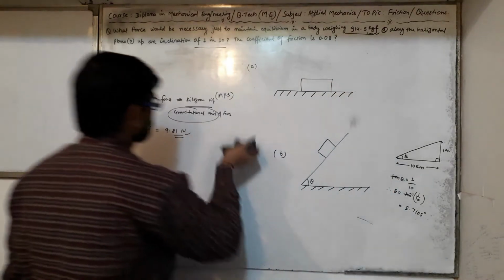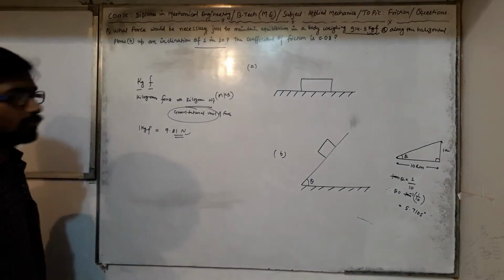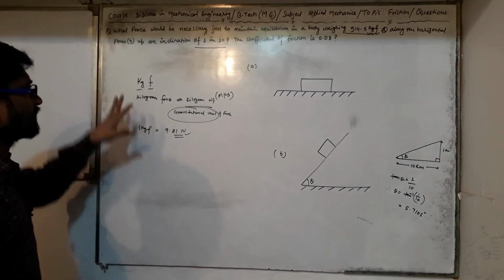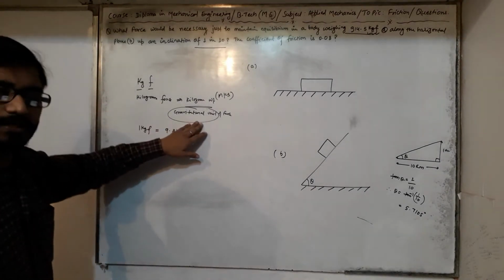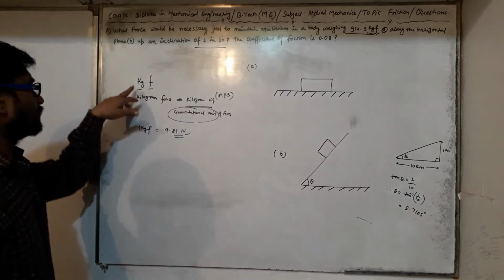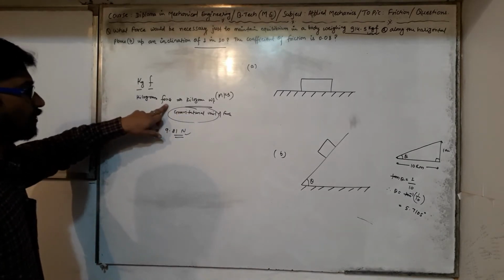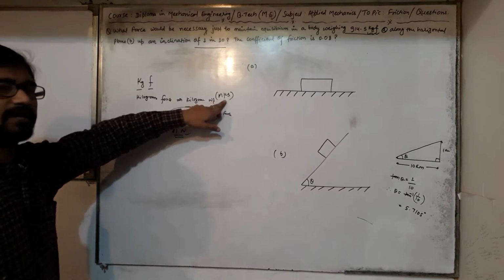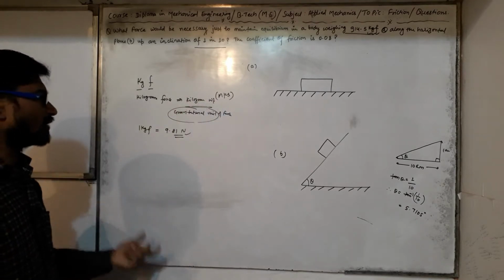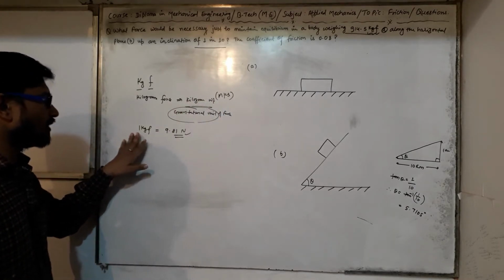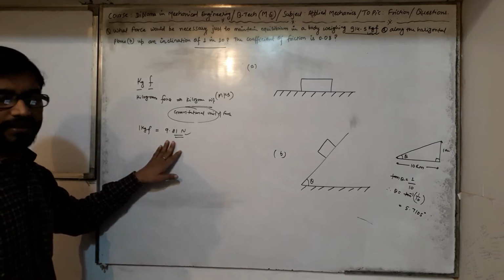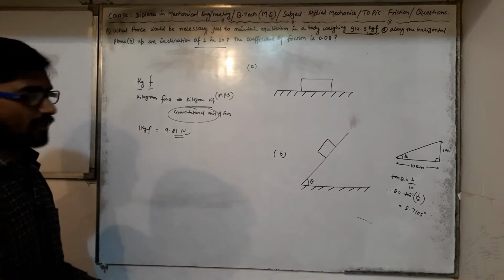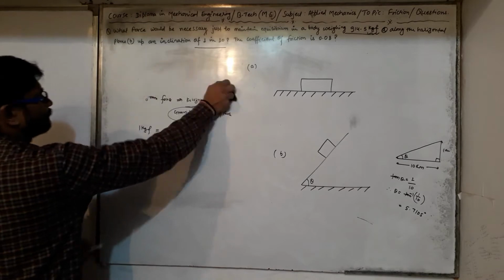But from the knowledge point of view, I have explained kgf is nothing but the gravitational unit of force, and we can say kilogram force or kilogram weight. This is given in the MKS system. If you want to change, then 1 kgf is equal to 9.81 Newton. Okay, so let's continue.